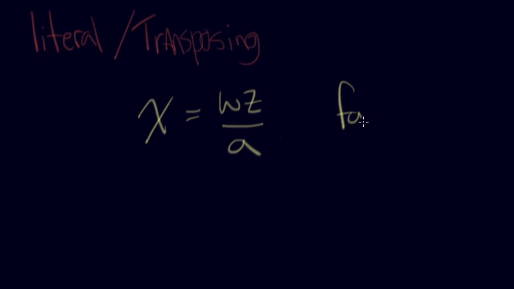The first one is going to be x is equal to wz all over a. And we're going to solve this one for w. Now, this is a classic kind of question. You see no numbers, so it's instantly already scary. And I'm going to show you a couple of things that I always do. When you see a question like this, I love to even out questions that involve fractions, so everything is a fraction.